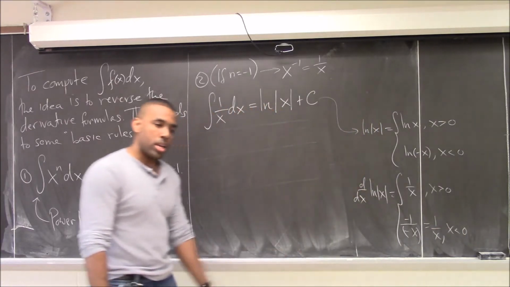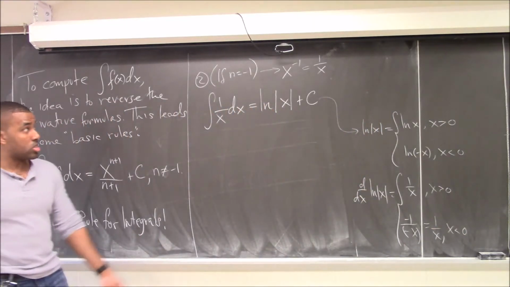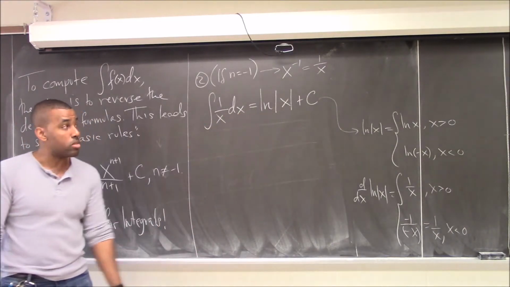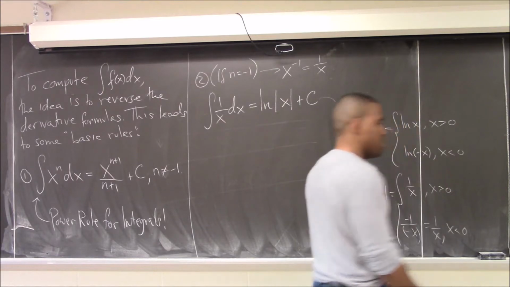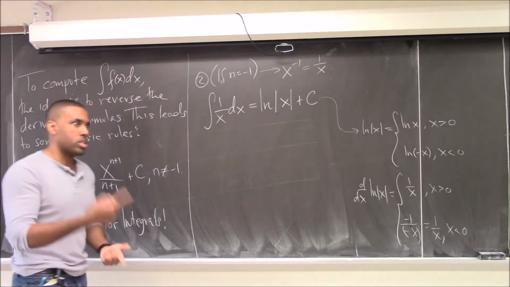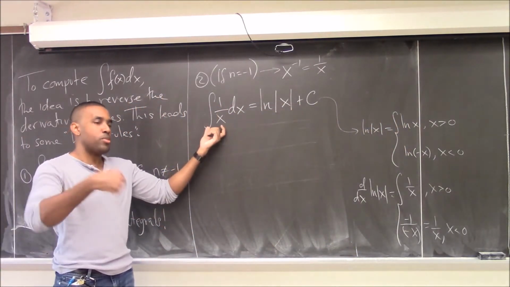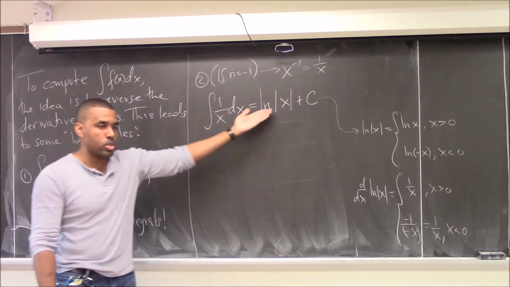So whether we're dealing with a positive or negative, we get the same answer. So this is the general antiderivative, ln of absolute value of x. It's actually important to have the absolute values. Okay? But again, the main idea comes from, we're just thinking about what function did I have to differentiate to get 1 over x? The answer was ln x.